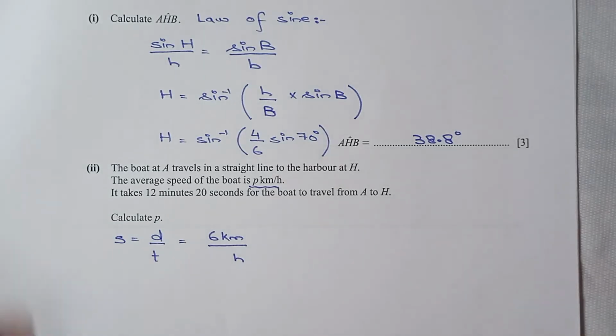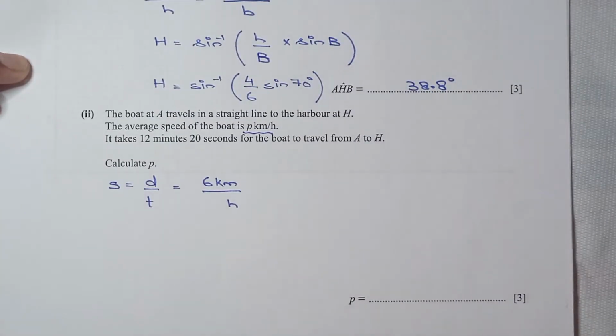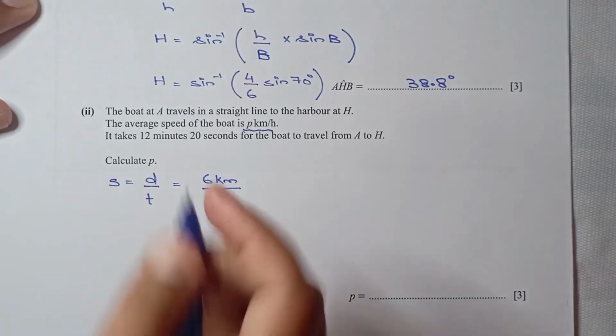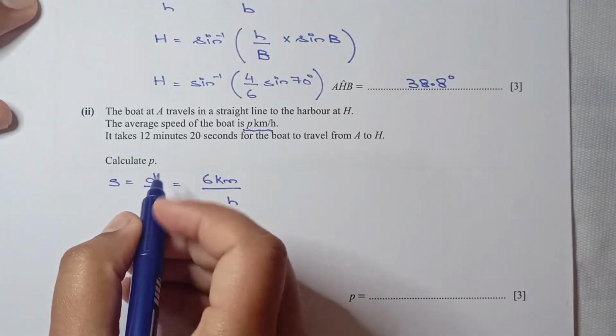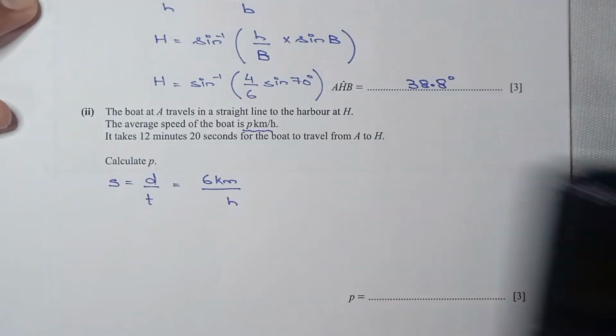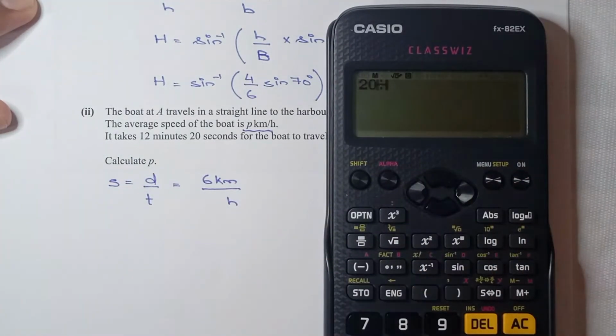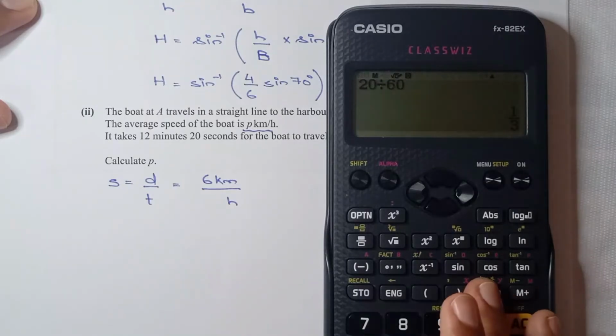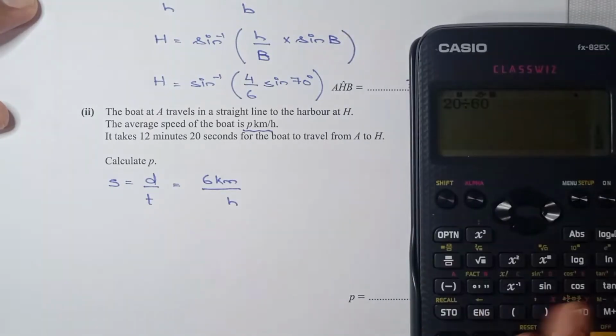So first we need to convert the 12 minutes and 20 seconds into hours. How can we do it? First, we need to convert the seconds into minutes. We have 20 seconds, so 20 divided by 60 would be 1 by 3.